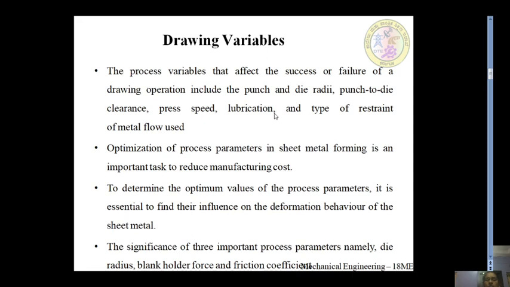Optimization of process parameters in sheet metal forming is an important task to reduce the manufacturing cost. To determine the optimum values of the process parameters, it is essential to find their influence on the deformation behavior of the sheet metal. The significance of 3 important parameters is die radius, blank holder force, and the friction coefficient.